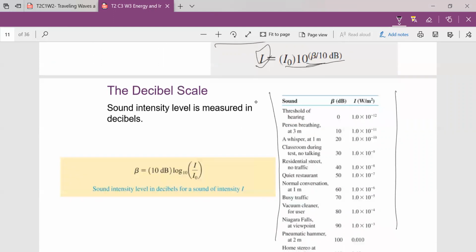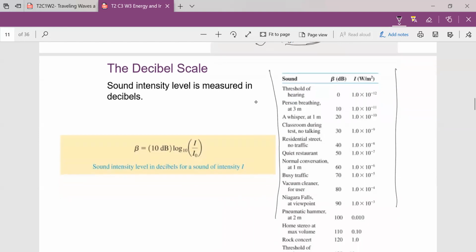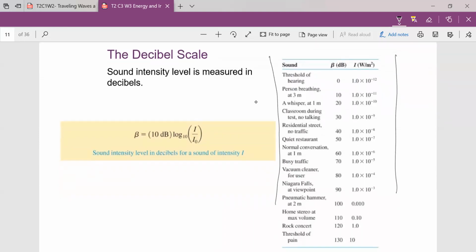So we'll have the range, established constants, or range in decibels and intensity for sound. We look at those of ones common to us humans, right? This is the threshold for hearing for humans, and we'll have for a person breathing at 3 meters, for a whisper, sound in a classroom, for different environments.